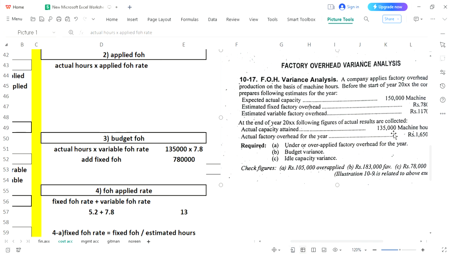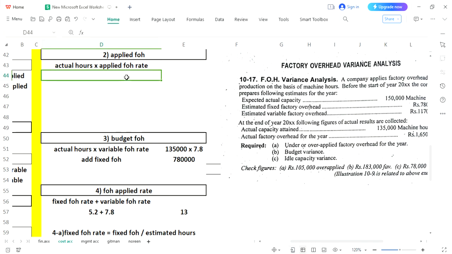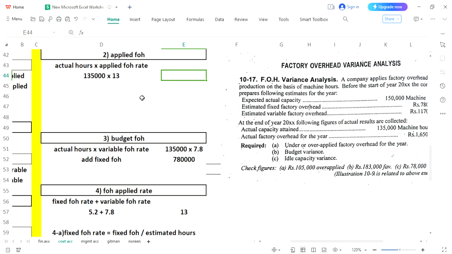Actual hours are 135,000. So put 135,000 over here. You need to multiply it with what? Applied FOH rate. And you can see here, the fourth step was the FOH applied rate, which was 13. So you will put 13 over here. The mathematical statement is completed. You need to calculate it.